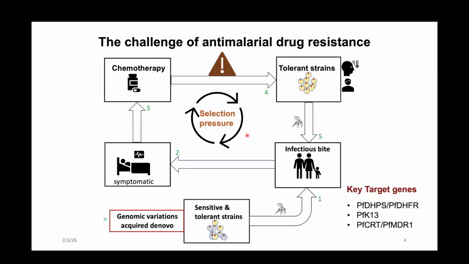This makes drug resistance a vicious problem that will always be there, because by treatment we are applying selection pressure to the parasite population, and we have to be vigilant, monitoring for whether any parasite strains develop resistance.